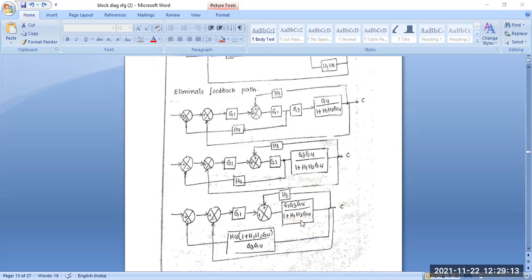But here there is a little bit of a problem. That means there is a little change, because this feedback loop, that is H4, is also connected ahead of the G2 block to the first summing point. So that's why we have to apply the elimination of the feedback loops in parallel also. So the equation in that case is H4 into 1 plus H1, H2, G4, divided by G3 into G4, because this G2 and this G2 are cancelling out.